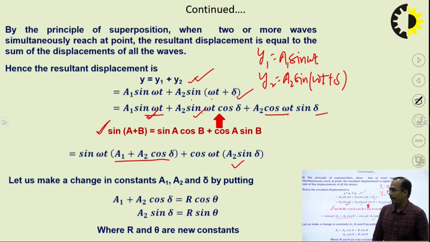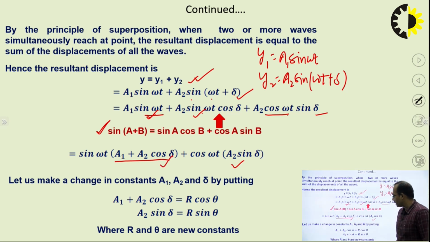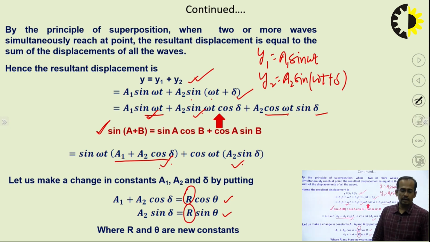Now, I am replacing these amplitudes by other variables. A1 plus A2 cos delta is equal to R cos theta, and A2 sin delta is equal to R sin theta, where R and theta are new constants.